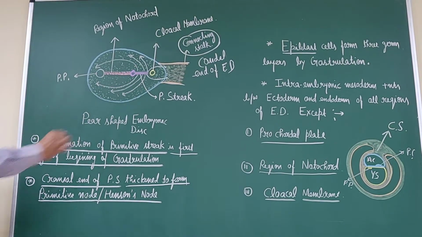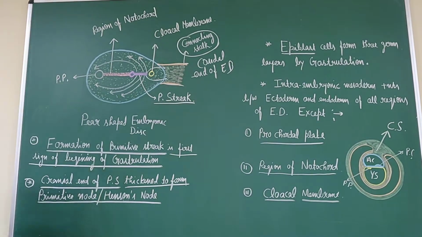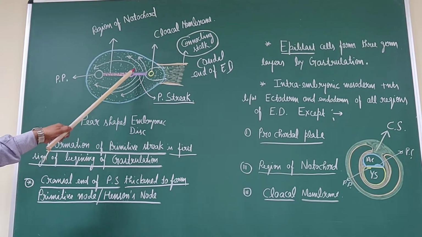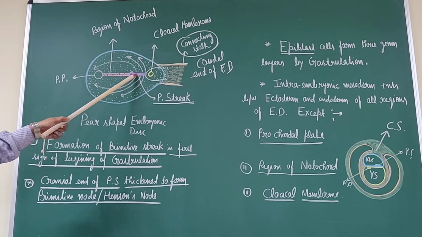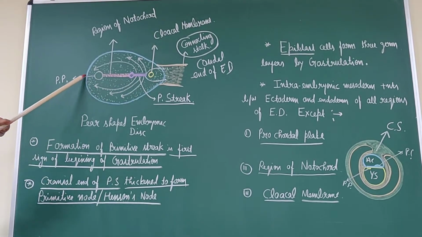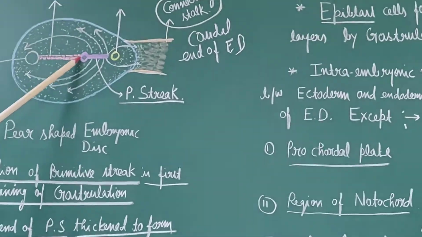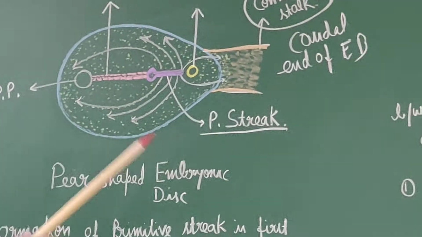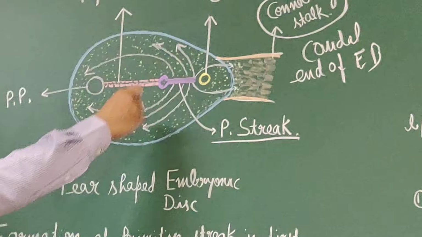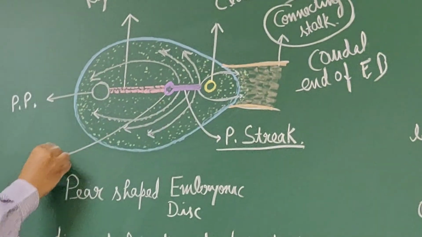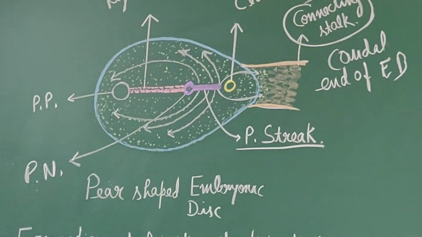This is the primitive streak. It is a linear structure present in the central axis or midline of the embryonic disc. This primitive streak has a cranial end. This cranial end is thickened to form the primitive knot or Hensen's node.